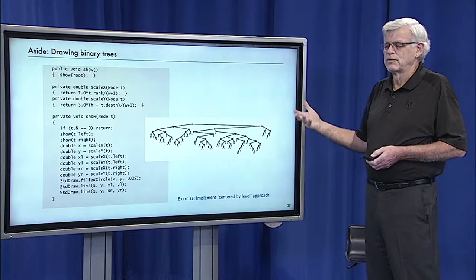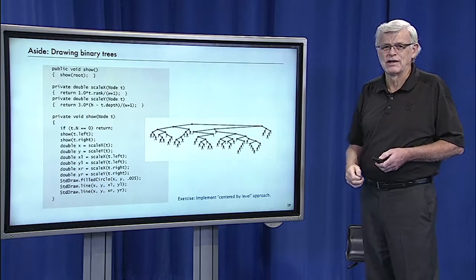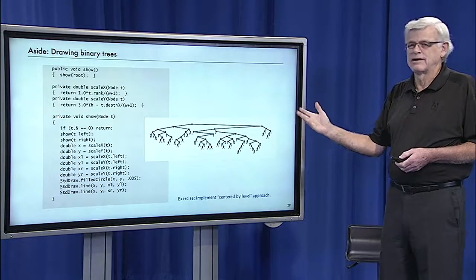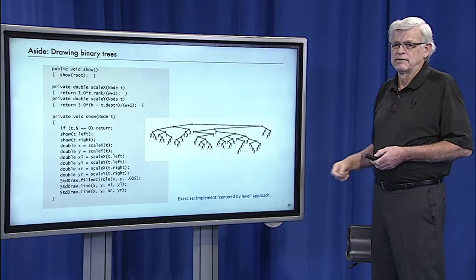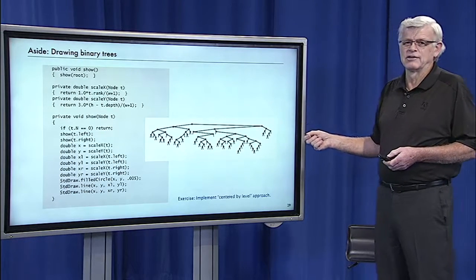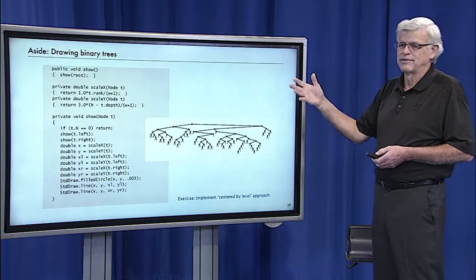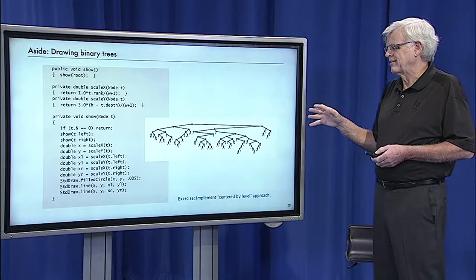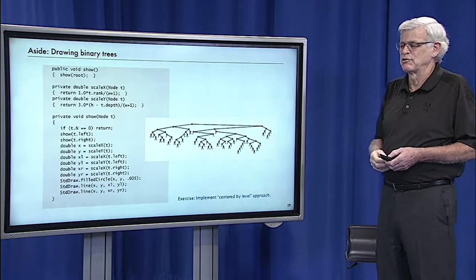For those of you who enjoy programming, it's an interesting exercise to implement the centered by level method that I did for random Catalan trees, and to draw general trees and forests and other things. Each one of those tasks is an intriguing programming exercise for people who enjoy programming.